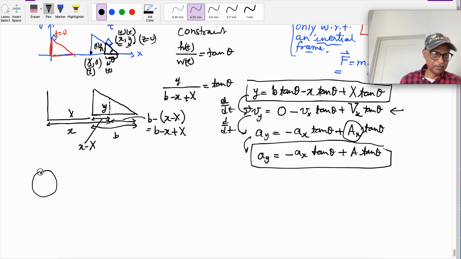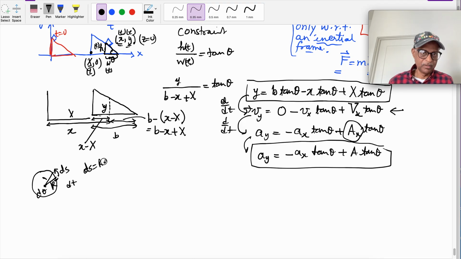If something was moving in a circle, you say, hey, in the circle it moved this angle, it is distance ds, and this angle it moved was d theta in an amount of time dt. So basically you're giving me speed relations. Arc length: if this is r, then ds is r d theta, and then if you divide by dt, v equals r omega.